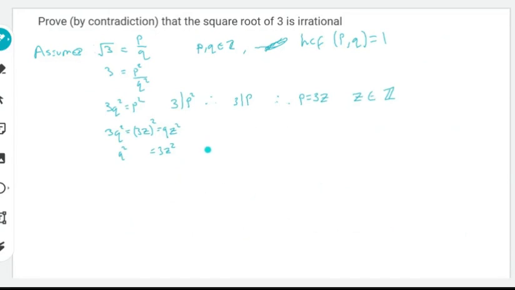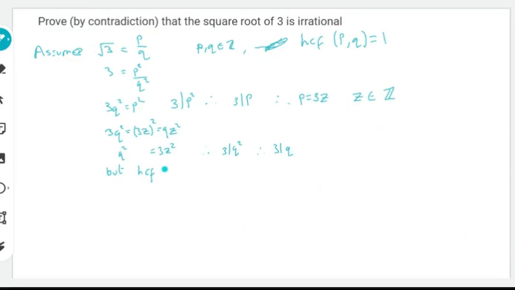What did you say after that? 3 is a factor of q squared, so 3 is a factor of q. Yep, 3 is a factor of q squared. Therefore, 3 is a factor of q, but that doesn't prove, right?